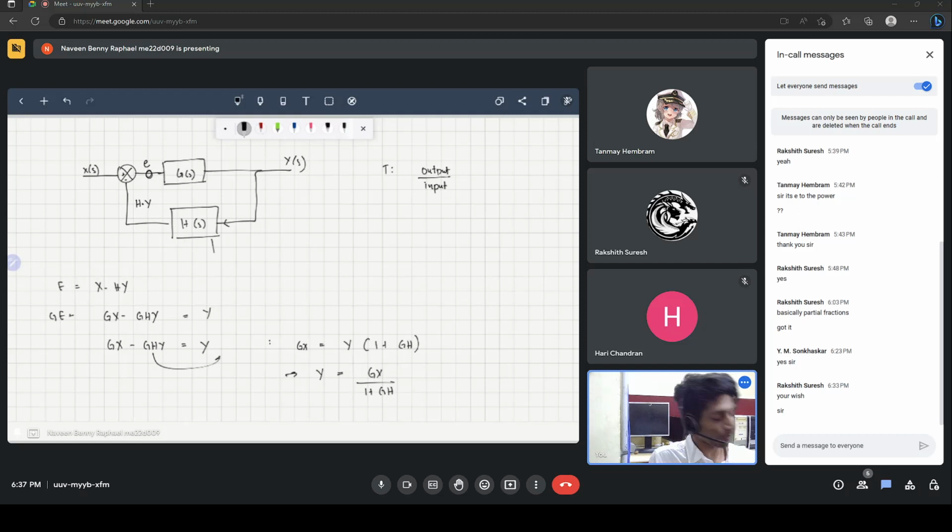And what makes it even nicer is if you have a correspondingly nice transfer function for h, okay, we'll just write it explicitly. We'll write G is equal to numerator by denominator.